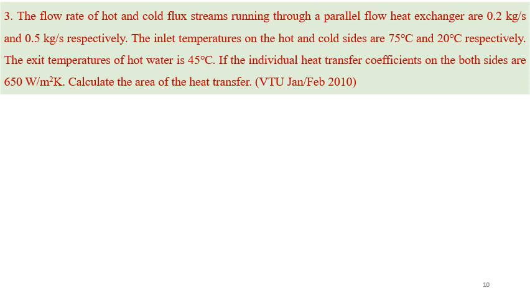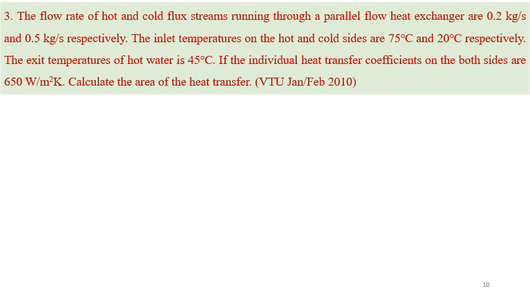Problem number 3 says that the flow rates of hot and cold fluid streams running through a parallel flow heat exchanger are 0.2 kg per second and 0.5 kg per second respectively. The inlet temperatures of the hot and cold fluids are 75 degrees centigrade and 20 degrees centigrade respectively.